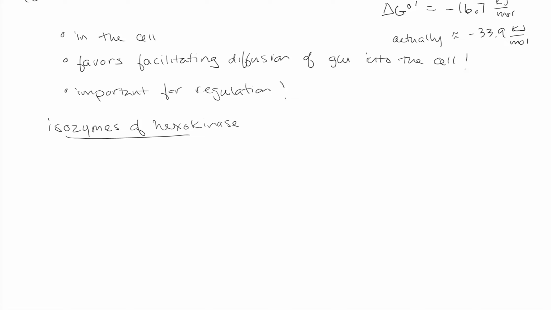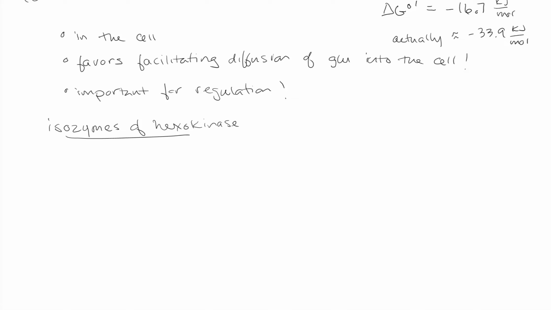So in most animals, plants, microbial cells, the enzyme responsible for phosphorylating glucose is hexokinase, and it's magnesium dependent, which is why you see the requirement of magnesium next to ATP in the rationale of the pathway. So there are 4 isozymes of hexokinase in most animal tissues.